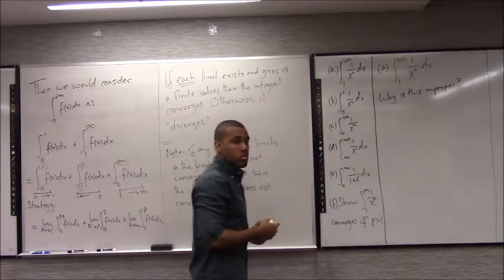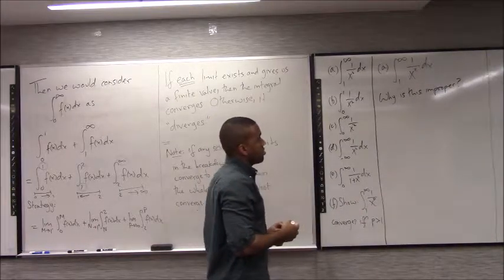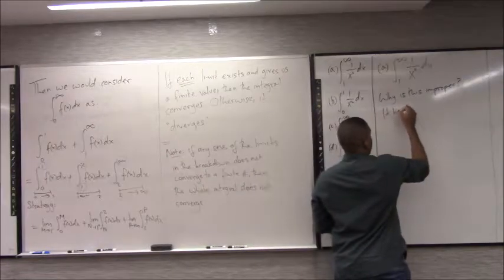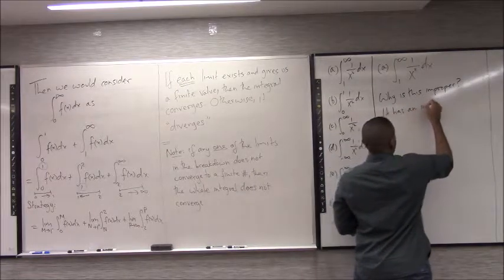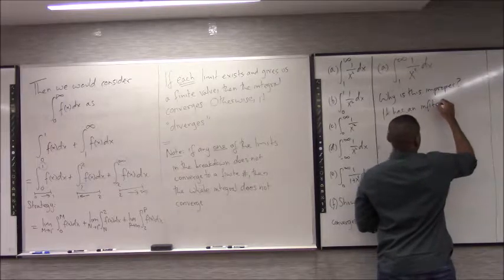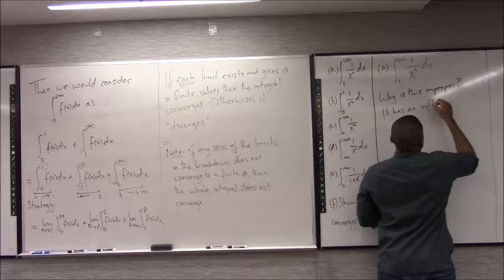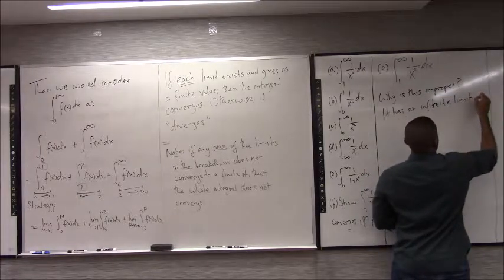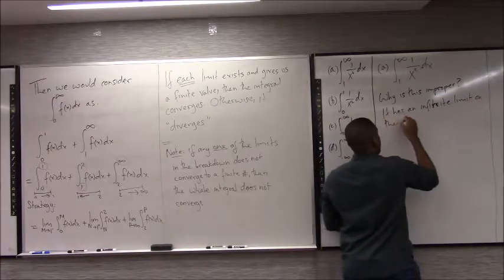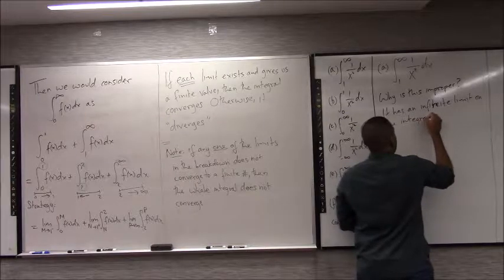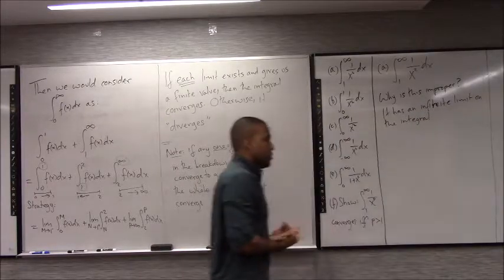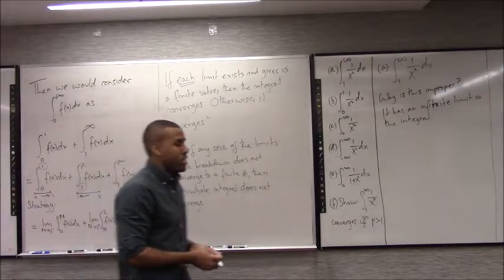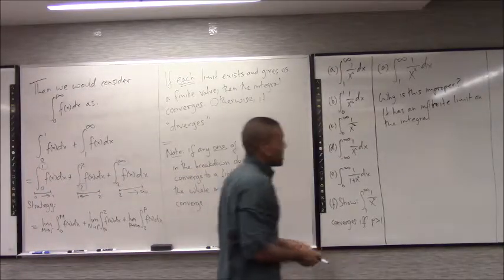Yeah? Because the value of b is infinite. It has an infinite limit on the integral. Okay. So you see something like that, it's immediately known to be an improper integral because it has infinity just glaring at you there. So how do we actually deal with this?